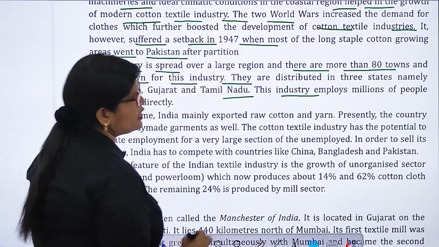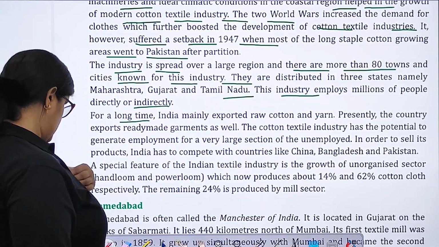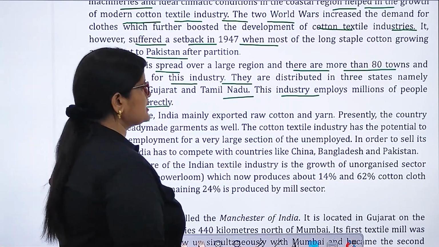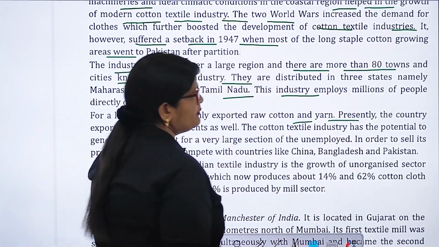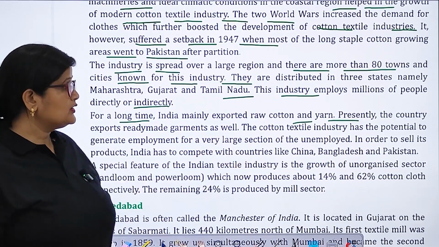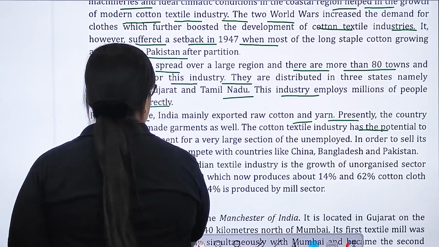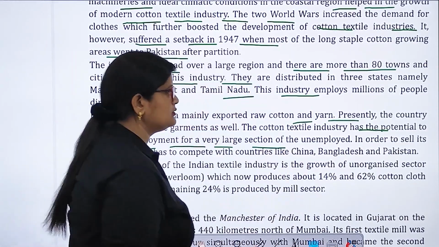This industry employs millions of people directly or indirectly. For a long time, India mainly exported raw cotton and yarn. Presently, the country exports ready-made garments as well. The cotton textile industry has the potential to generate employment for a very large section of people.